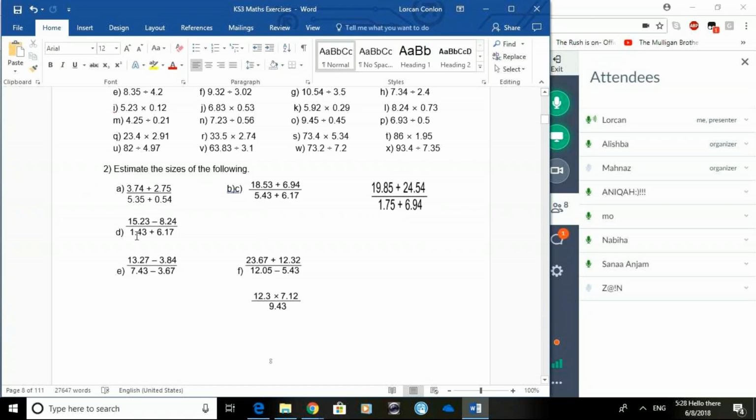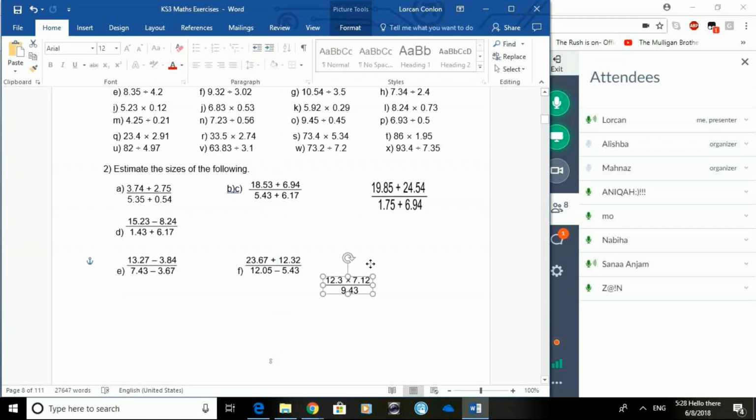Aniqua, could you try question D? Okay. Mo, could you try question E? Okay. Navia, could you try question F? Okay. Sana, could you try this one? I presume that's meant to be H. These notes are a wee bit all over the place, okay?